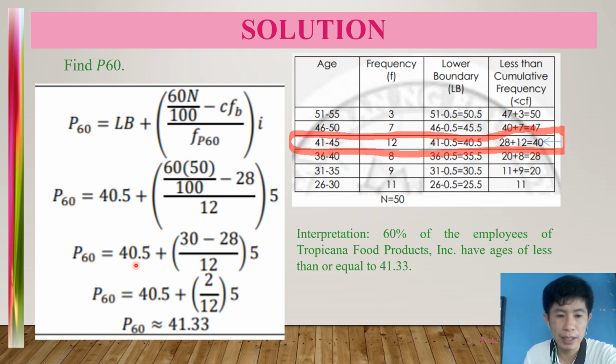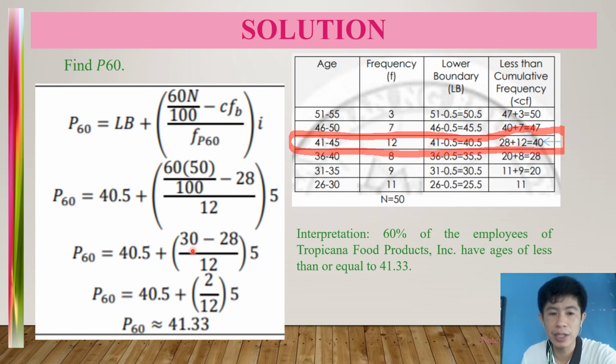Just copy 40.5. And then, 60 times 50 divided by 100. Nasolve na natin siya kanina. We all know that this is 30. So, 30 minus 28 divided by 12 times 5. Kung napapansin natin dito sa part na to, kahit hindi na natin siya gawin, kasi alam naman natin na etong 60 times 50 over 100 ay nasolve na natin kanina.